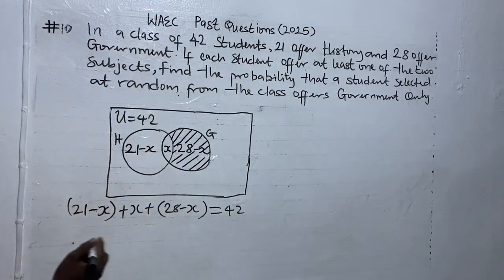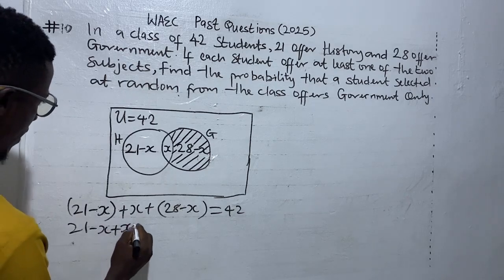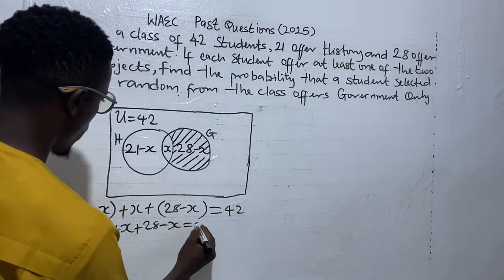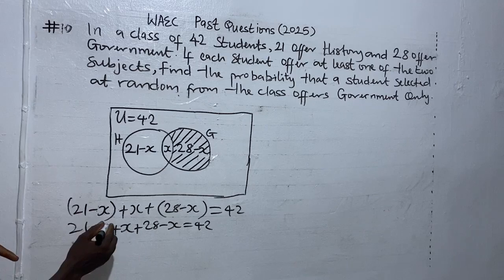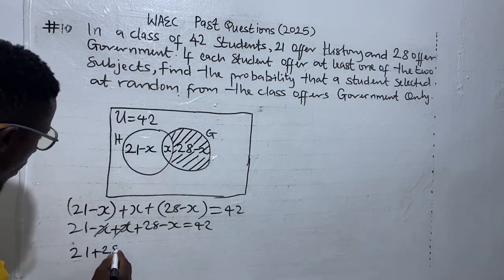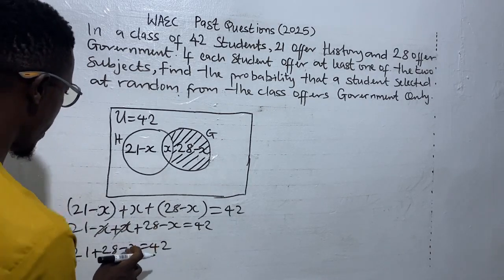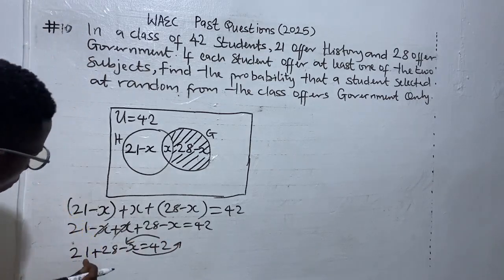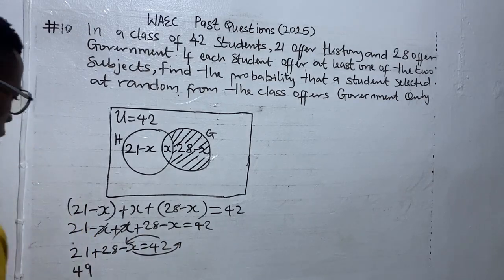So if you open up this bracket, I have 21 minus x plus 28 minus x equals 42. The minus x and plus x cancel out. Then we are left with 21 plus 28 minus x equals 42. We can take x to this side and bring 42 to the other side. 21 plus 28 gives us 49.